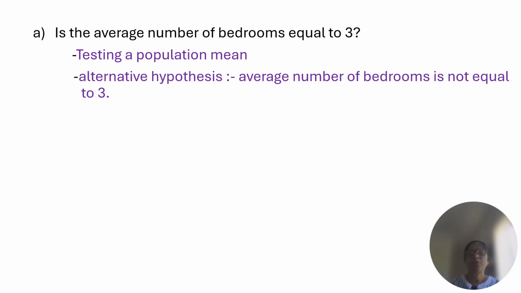So I'm going to use mu to represent the average of the population. The alternative hypothesis is that the average number of bedrooms is not equal to 3. So I can write the alternative hypothesis: mu is not equal to 3. Therefore, the null hypothesis would be mu is equal to 3.